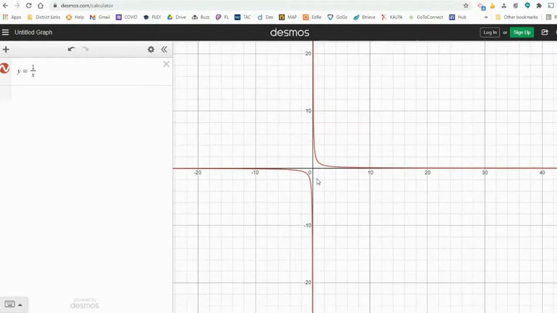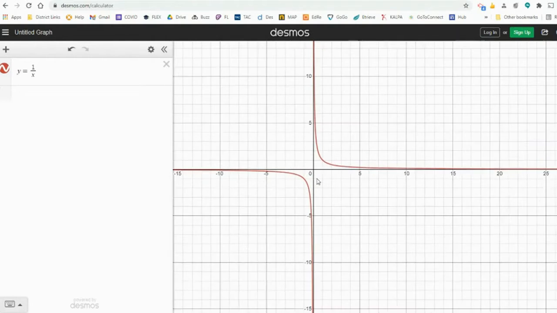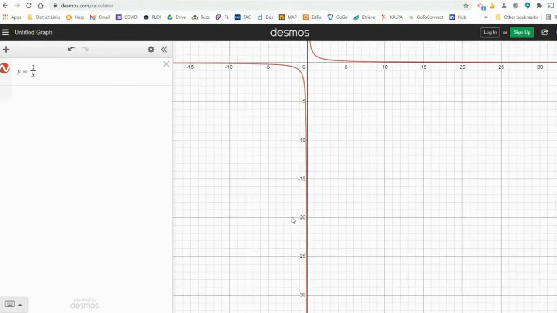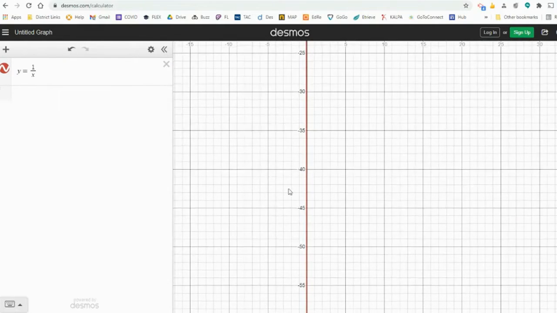But what happens as we approach that asymptote? Well, it depends. If we're approaching from the negative side, then the function goes farther and farther towards negative infinity. It'll never touch the 0, but it'll get closer and closer to x equals 0.